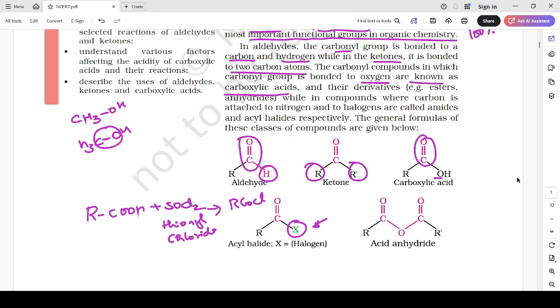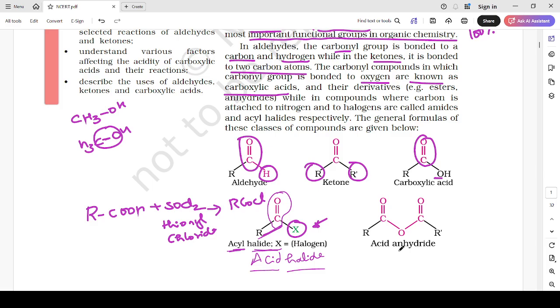So what you are seeing right now is an acid halide, or we generally also call it an acyl halide. This RCO group is called the acyl group. Since I generated it from an acid, I call it acid halide, also called acyl halide.